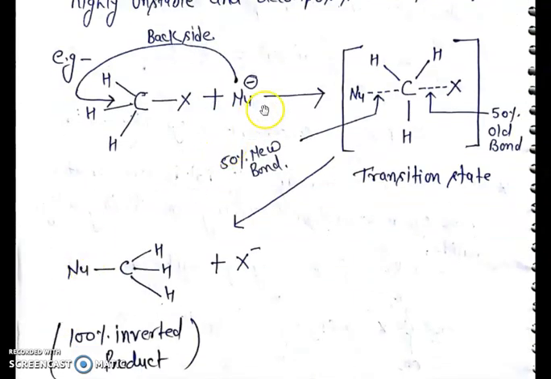In this example, nucleophile attacks the carbon atom from the back side of the leaving group, that is X, and forms transition state. In the transition state, 50% new bond and 50% old bond takes place. Transition state is highly unstable, which decomposes into the product, and the product is 100% inverted product.